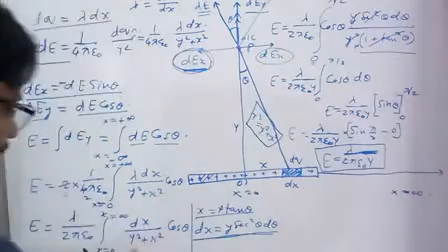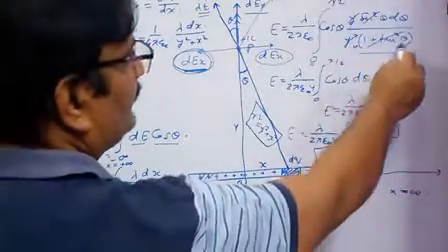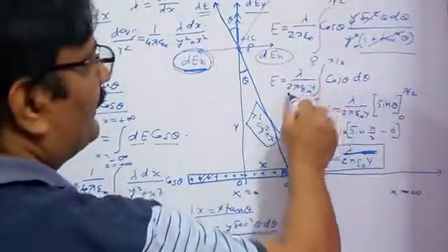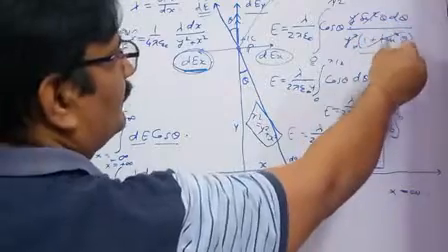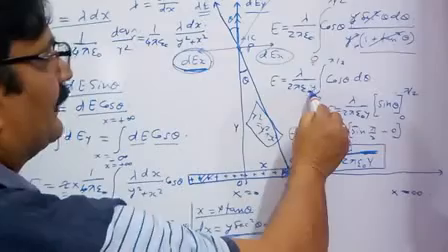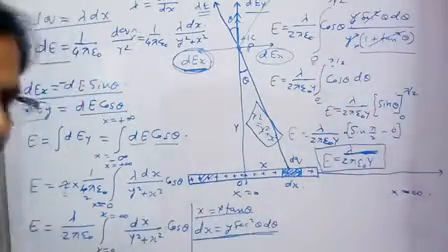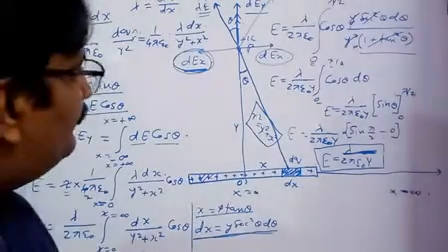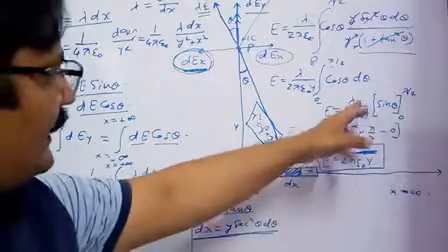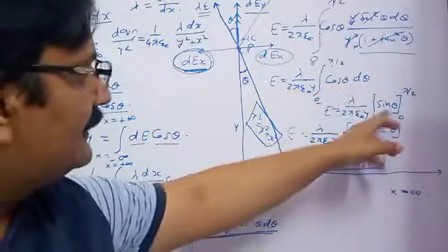From here y square is taken common, so y square times 1 plus tan square theta is the value of x square plus y square. Now lambda by 2 pi epsilon naught, sec square theta and 1 plus tan square theta cancel out, one y is cancelled, leaving lambda by 2 pi epsilon naught into y, integral from 0 to pi by 2 of cos theta d theta. The integration of cos theta is sin theta.